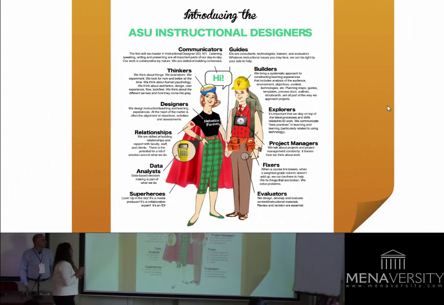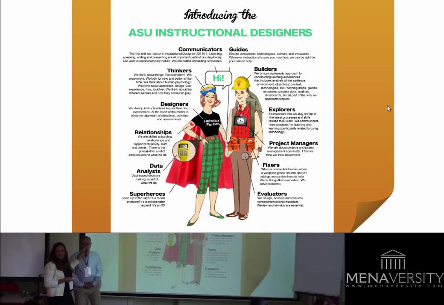So this has been designed by an instructional designer, so it's a little bit biased. We tend to think that we're superheroes. But we do, on one level or another, do quite a bit of everything that's written on this slide. And we'll go through them quite quickly.